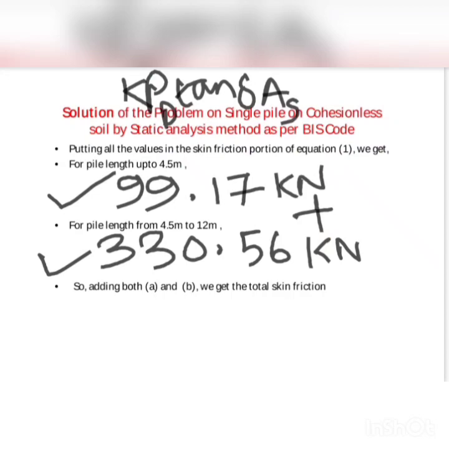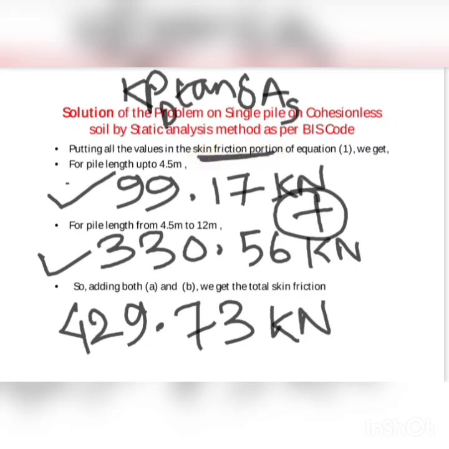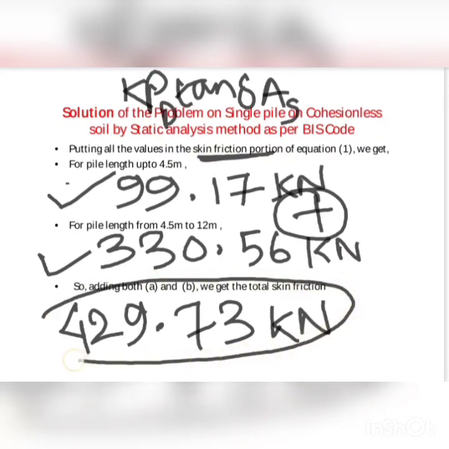Adding these both, you will find the value will be 429.73 kilonewton. So for the skin friction portion, the overall value that we are getting is 429.73 kilonewton.